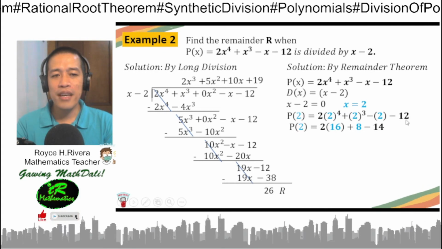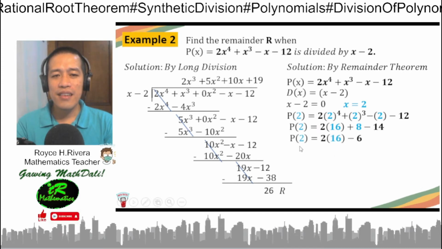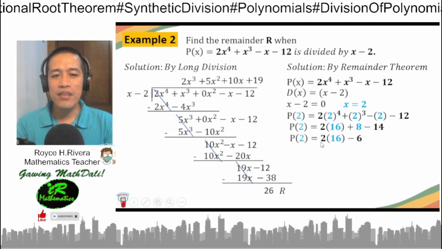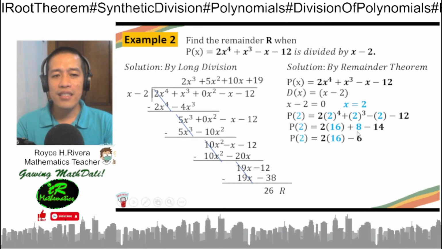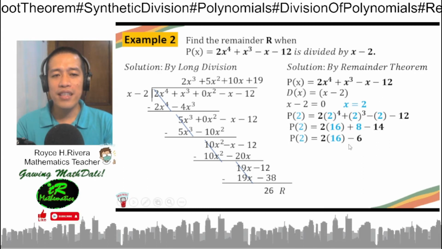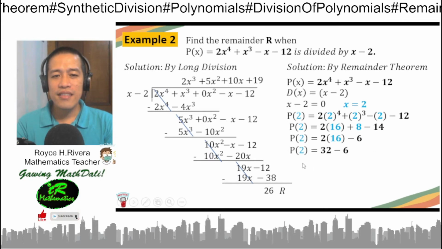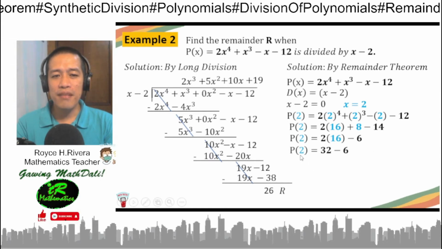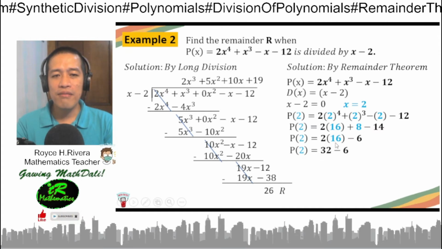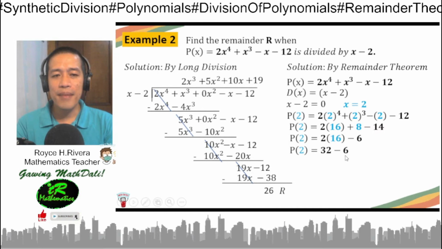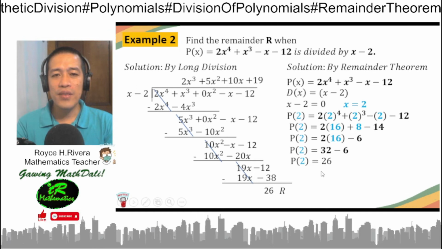Negative 2 minus 12 is negative 14. Let us continue. p of 2 is 2 times the quantity 16 minus 6, since 8 minus 14 is negative 6. 16 minus 6. Finally, p of 2 is 26.